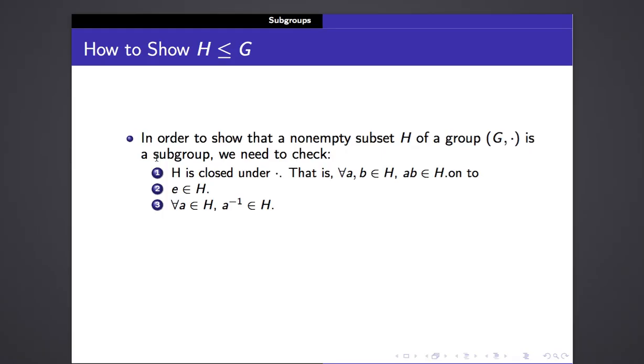H has to be closed under the same inherited operation, so the operation in G. In other words, for any A, B in H, A times B has to be also in H.